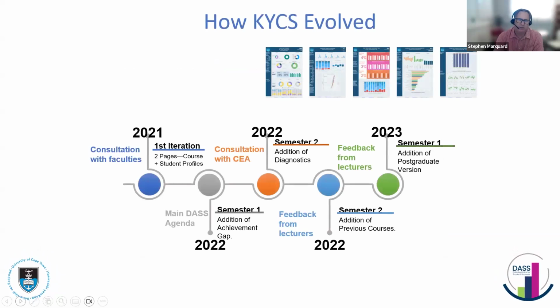So we're just going to tell you a little bit about the history of this report, because you might think it kind of sprung fully formed, or we thought we should have this and then it appeared, but in fact it was built piecemeal in bits and pieces over quite a number of years, and it evolved over time. We started with a really simple idea, which was low-hanging fruit, because we thought it might be useful for lecturers to know the profile of the students that they're teaching.